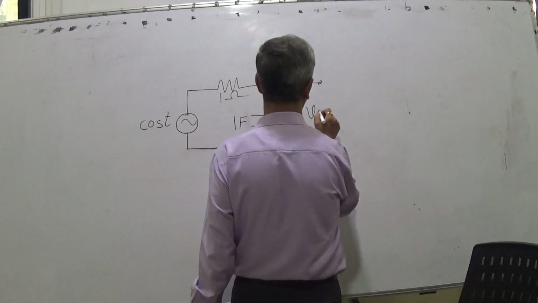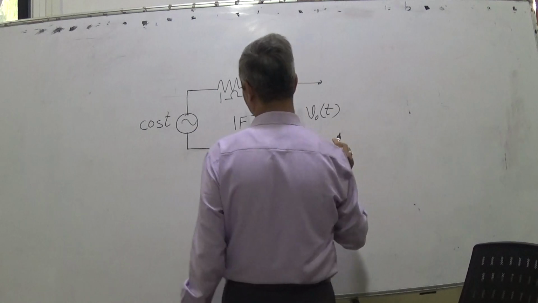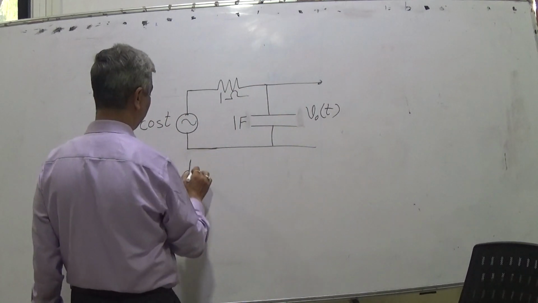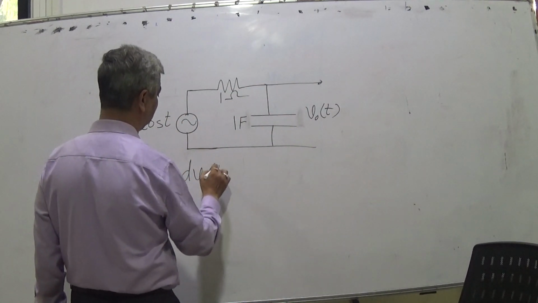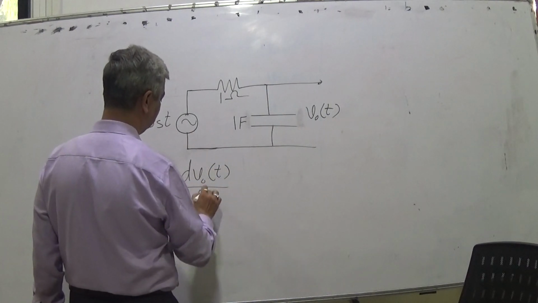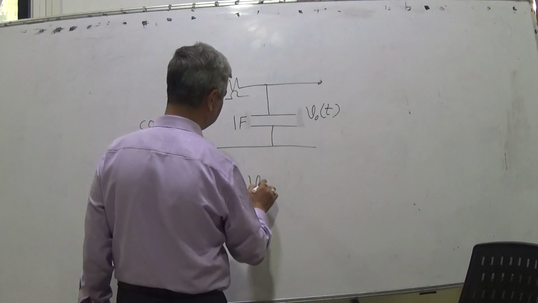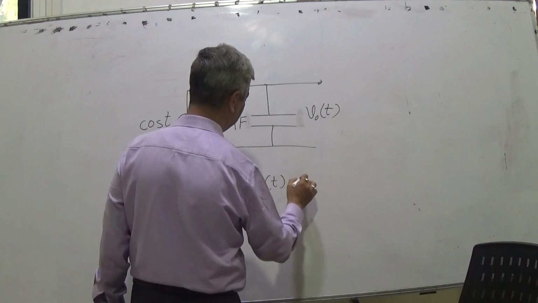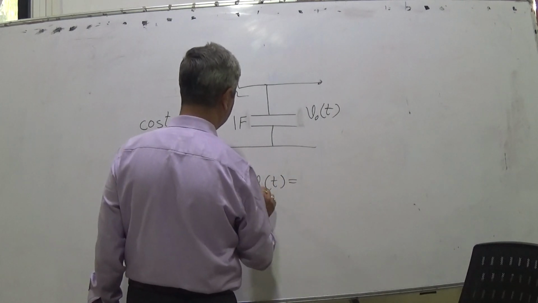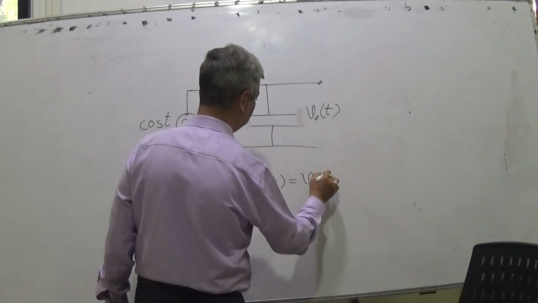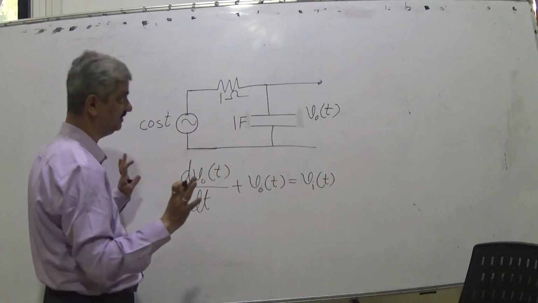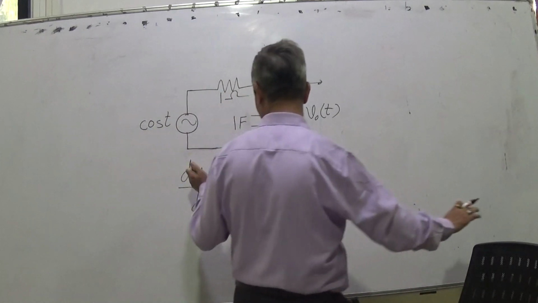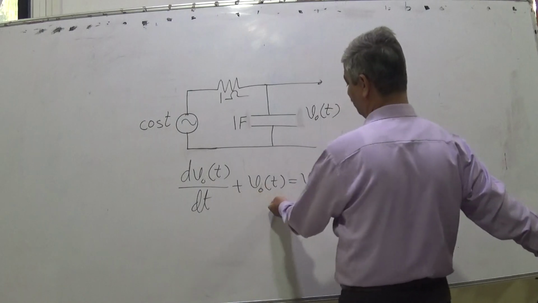What would be VOT? So what is the differential equation? Same, dVOT by dt plus VOT is equal to V in t. So this is the differential equation. Same, that is dVOT by dt plus VOT is equal to V in t.